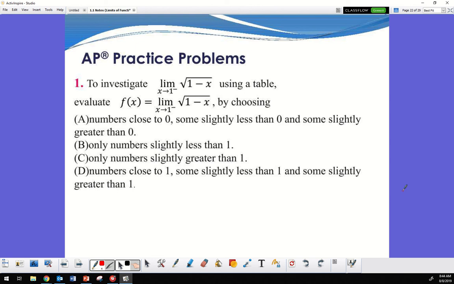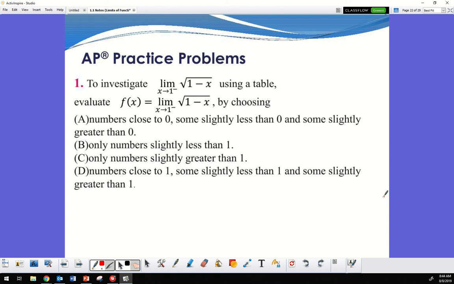All right. So these are some of the questions that you have at the end of your assignment. I'm going to go over this one just so you can see the type of AP questions you're going to see. It says, investigate the limit as x approaches 1 from the left.